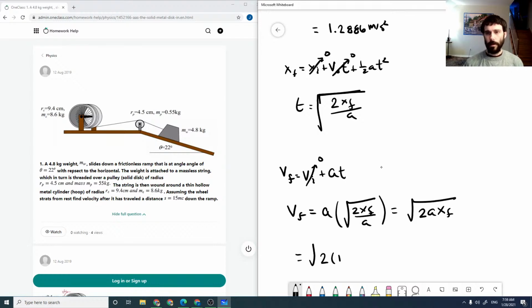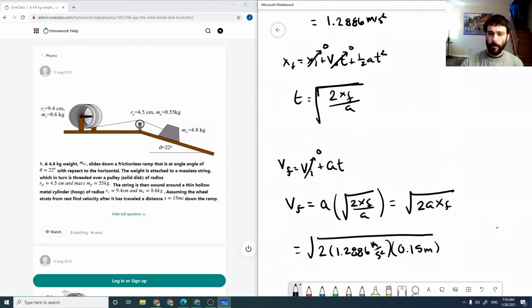So 2 times our acceleration we just solved for, meters per second squared, times our xf, which is 0.15 meters.